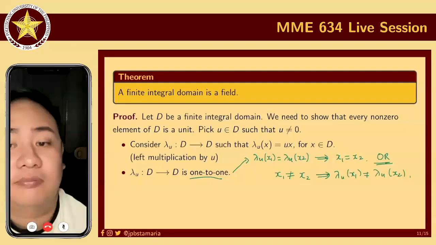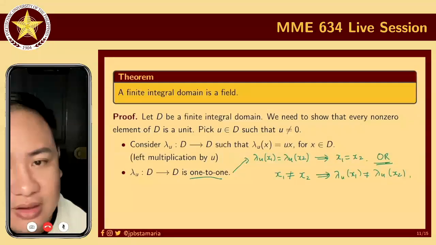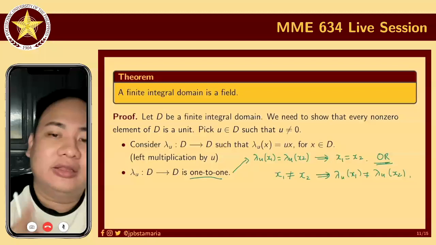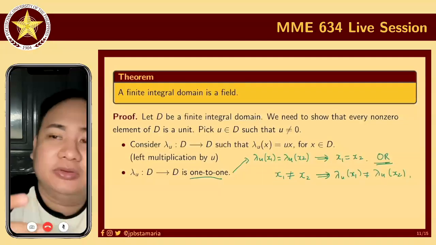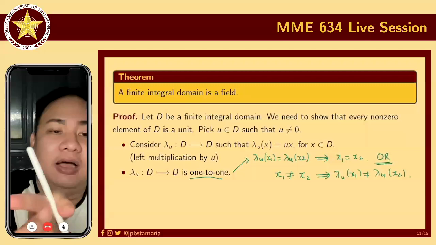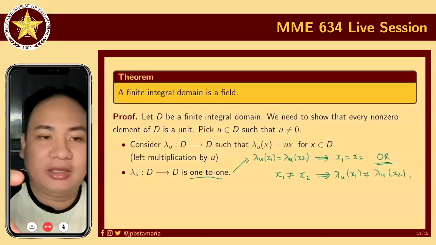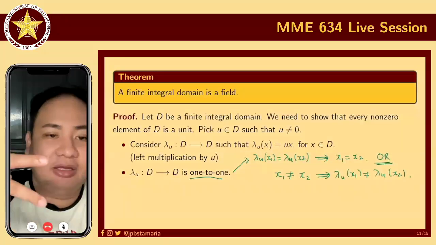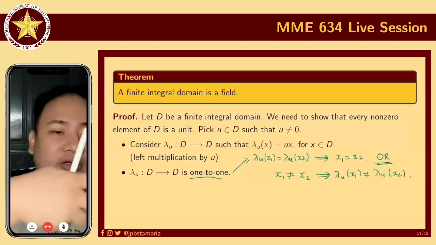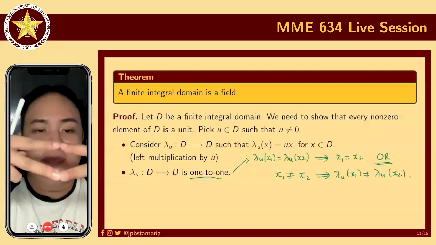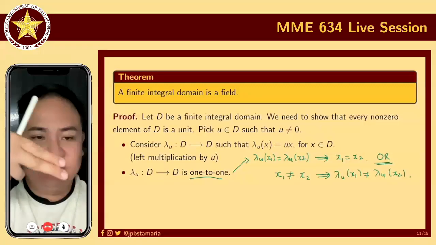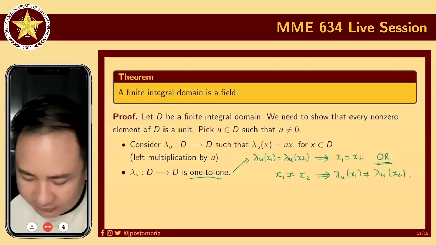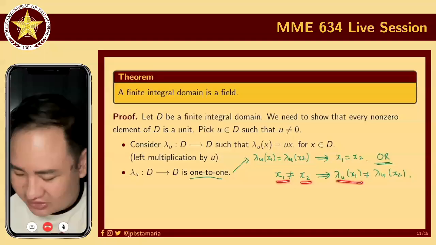Pag function kasi, pag sinabi mong 1 to 1, dalawang magkaibang bagay pupunta sa dalawang magkaibang bagay. Hindi pwedeng magpunta yung dalawang magkaiba sa iisa lang. Hindi yun 1 to 1, many to 1 na yun, di ba?